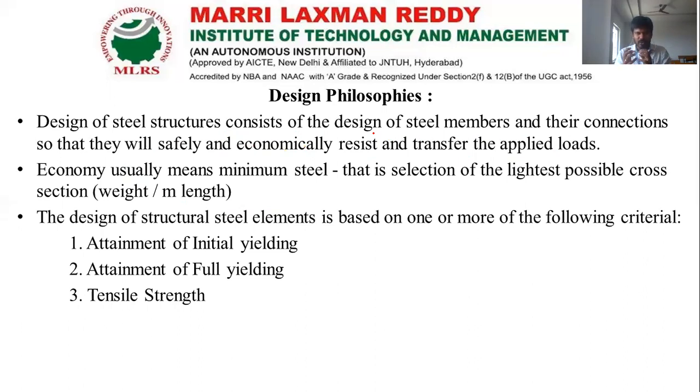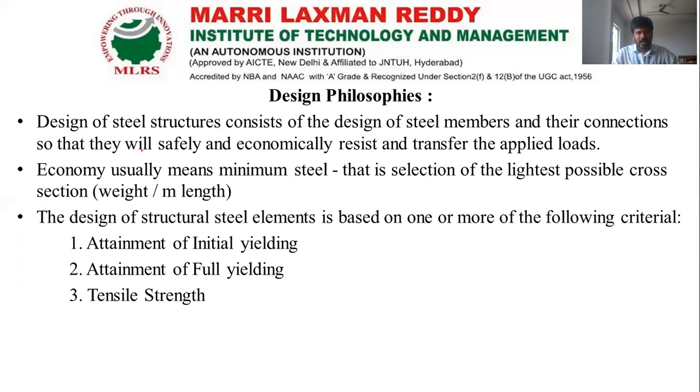After that, the loads coming over the structure have to be transferred to the ground safely. So design of members, design of connections, and the applied load coming on the structure has to be transmitted to the ground safely. We have to ensure the safety also.